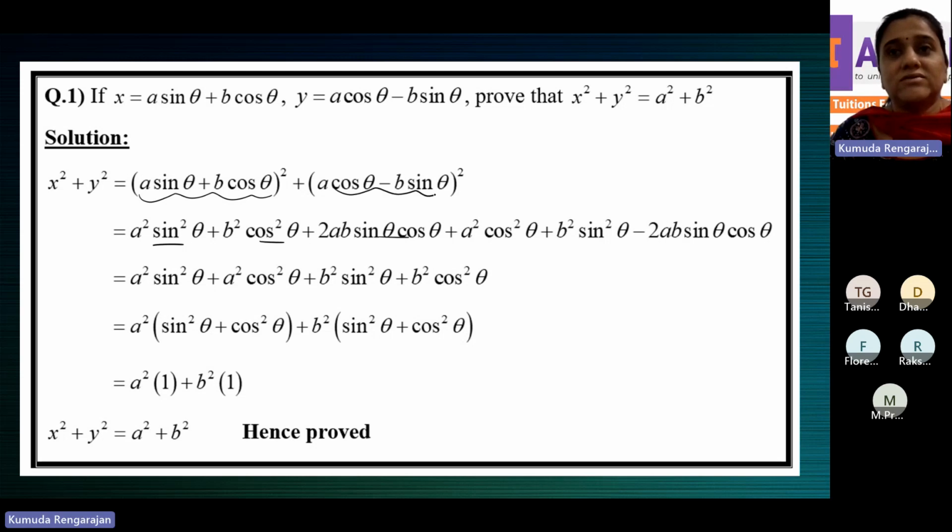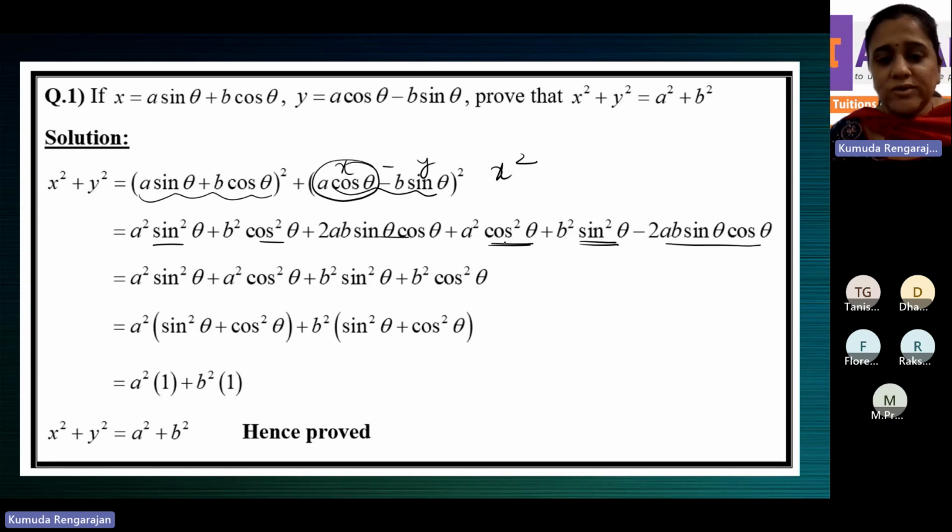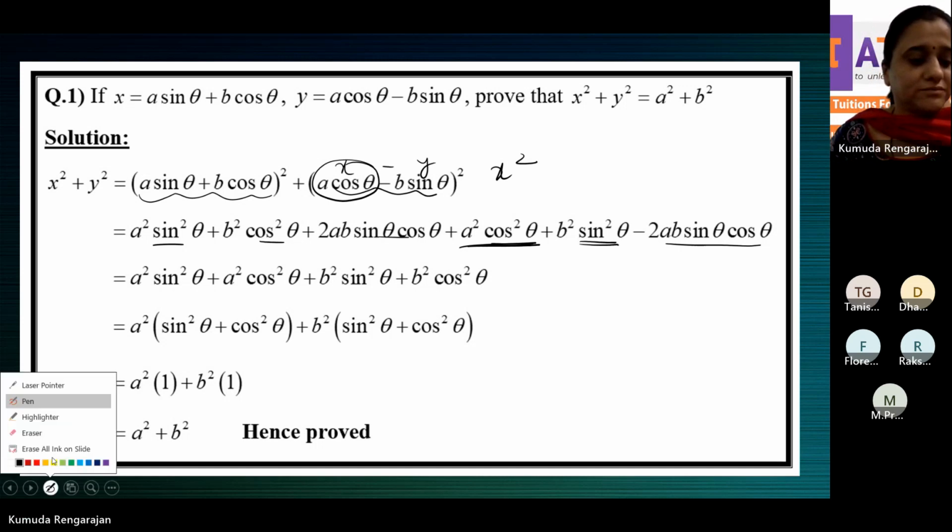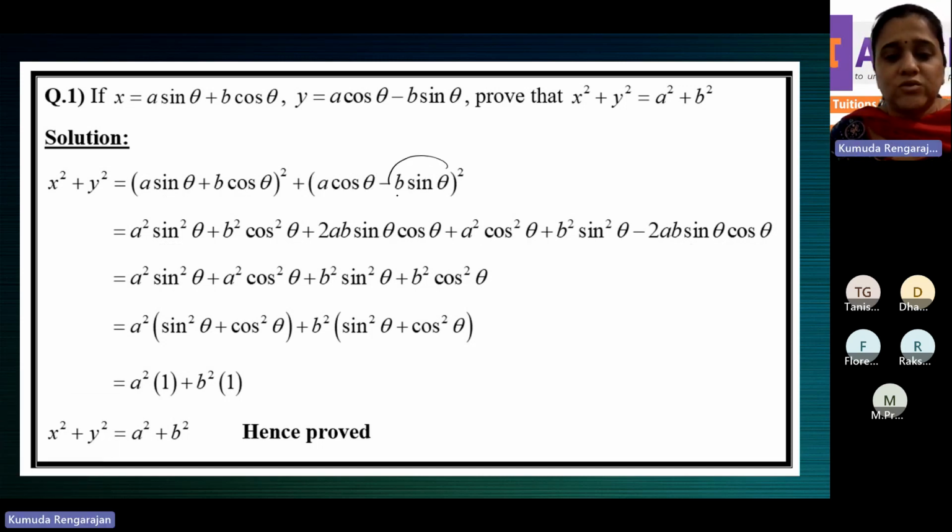And when you expand this, again, a square plus b square minus 2ab, because this is like x minus y the whole square, right? So how do you expand x minus y the whole square? X squared, so this one squared, plus y squared, the second term, this one squared.